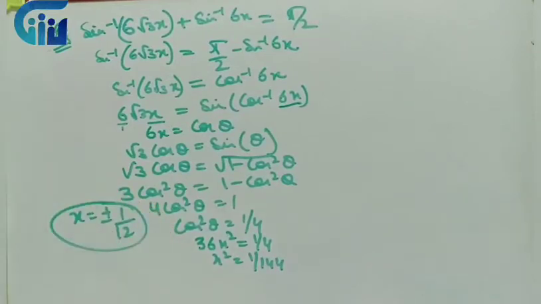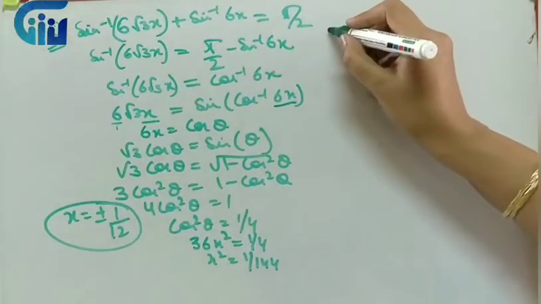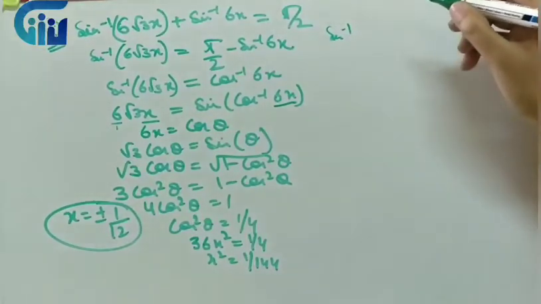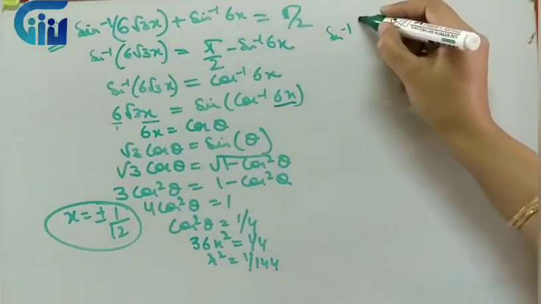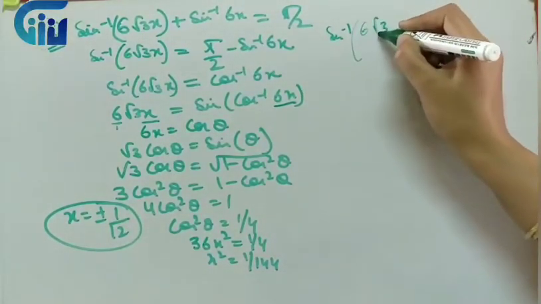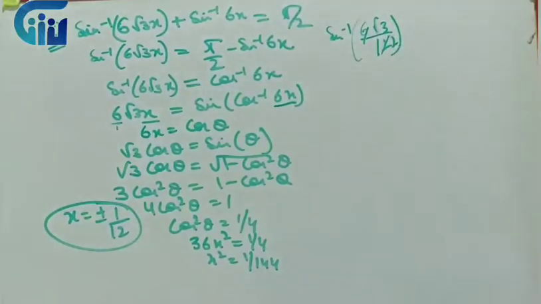Right? Now what we have to do, we have to check whether both x is equal to plus minus 1 by 12 satisfies this equation or not. So for seeing whether it is satisfied or not, let's put it in the original equation and check. If I put x as 1 upon 12, this will be 6 root 3 upon 12, which will be root 3 by 2.